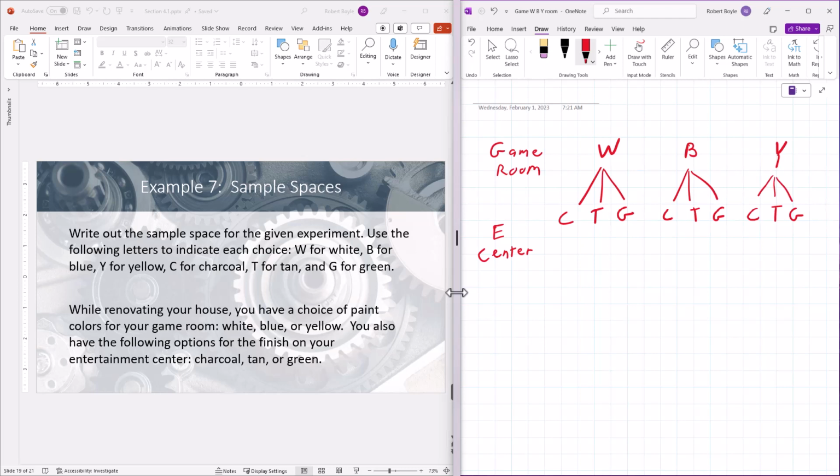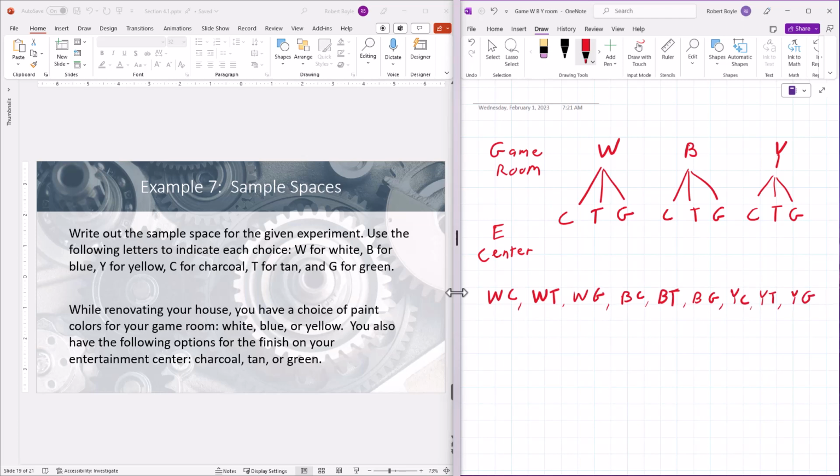So what is my sample space going to look like? Well, I can determine that by just basically following down each branch of the tree. So I can either be white, charcoal, white, tan, white, green, blue, charcoal, blue, tan, it's supposed to be a T by the way, blue, green, yellow, charcoal, yellow, tan, and yellow, green.